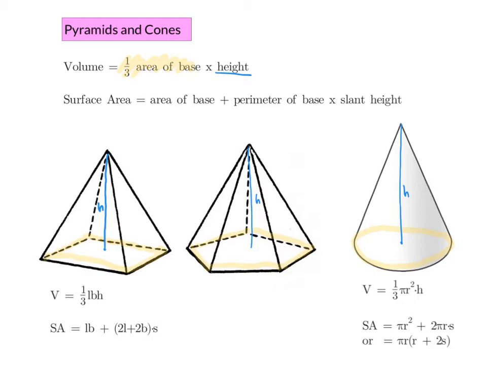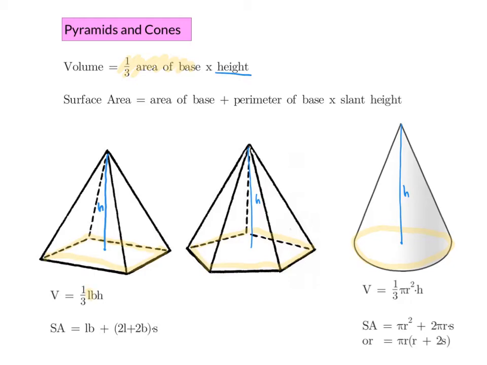So let's look at the volume formula for pyramids and cones. The formula is the same. It's a third area of base times height. If I think about the volume of a pyramid, it depends on what the shape of the base is. So let's look at the first pyramid. My base is a rectangle, so it'll be a third times the area of a rectangle, and the area of a rectangle is length times breadth.